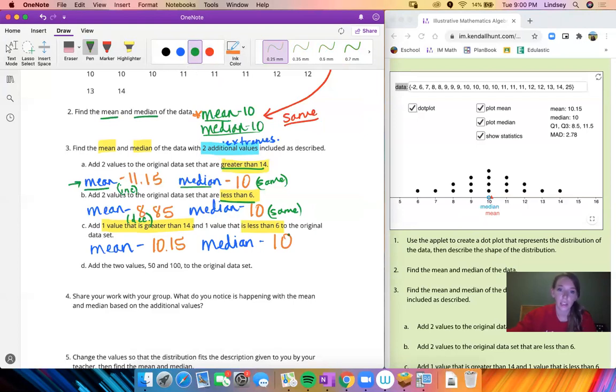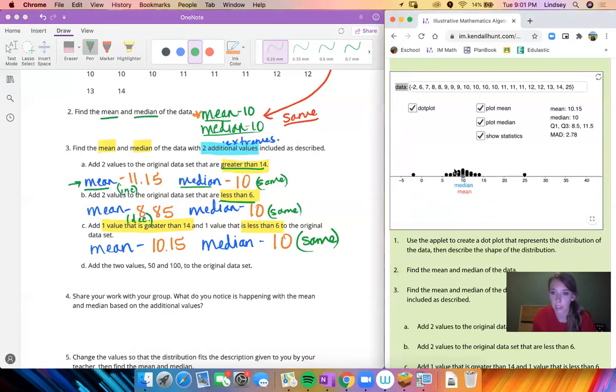So yet again, the median is staying the same. These extremes are affecting only my mean each time.